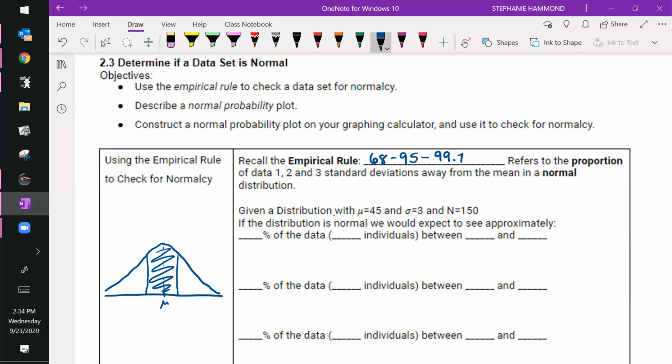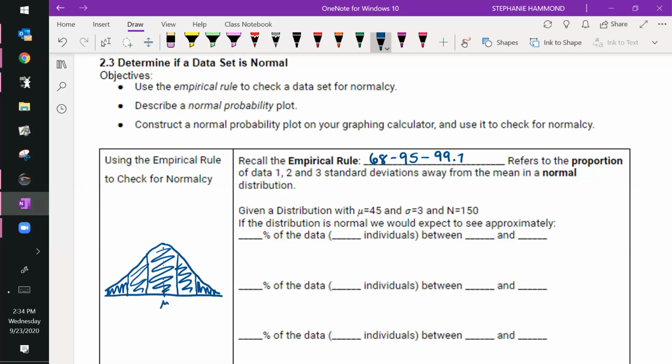And then if I move over again and I move 2 standard deviations below the mean and 2 standard deviations above the mean, that total data is about 95% of what we have. And if we move again out 3 standard deviations below the mean and 3 standard deviations above the mean, we now have about 99.7% of the data.